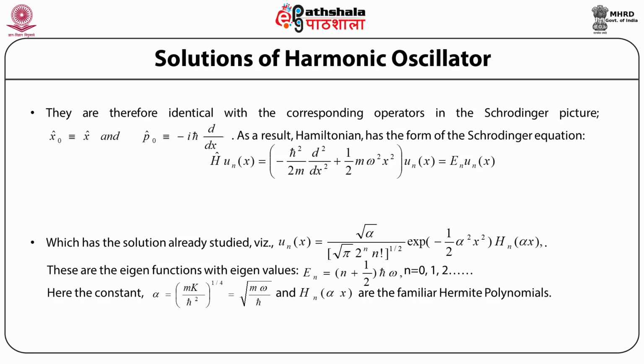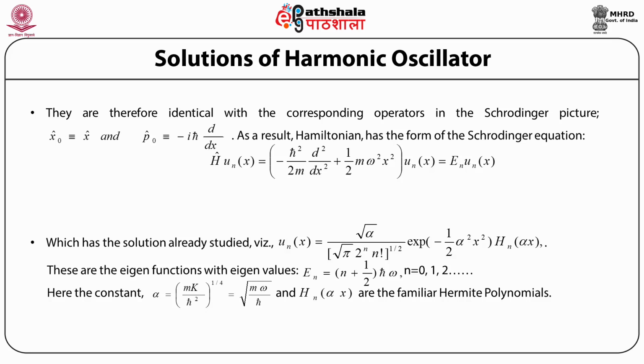These are the eigenfunctions with the eigenvalues given by E_n is equal to within brackets n plus half, times h cross times the angular frequency.